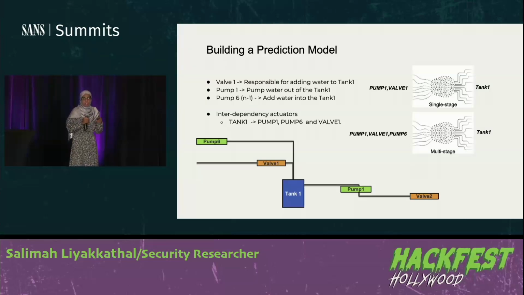But it basically means any pump coming before tank 1, in this case just pump 6, is responsible for adding water into tank 1. So when I say interdependency of tank 1, what I mean is pump 6, valve 1, and pump 1. If you want to build a model solely based on one process, it would just be pump 1, valve 1, and tank 1. But to have a more comprehensive model, it would be pump 1, valve 1, and pump 6.